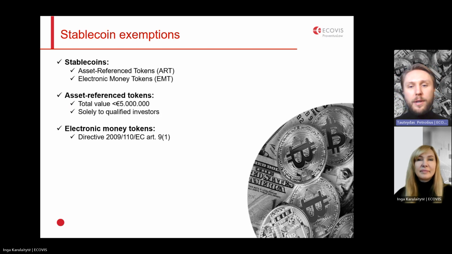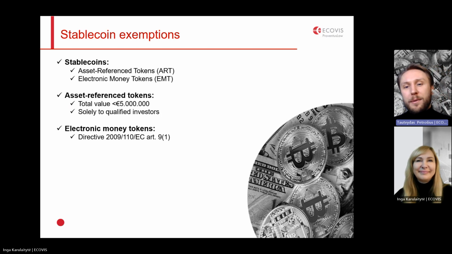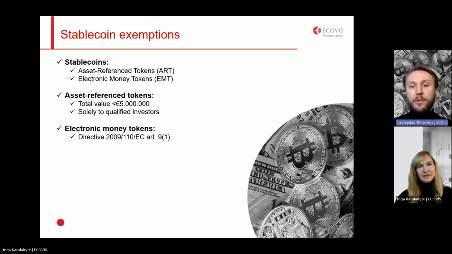So this could be a great solution for some specific business models. And now in terms of e-money tokens, well, there are some limited exceptions to their issuance, but they really depend on the regulator and as is prescribed by a 2009 directive on the supervision of electronic money institutions.